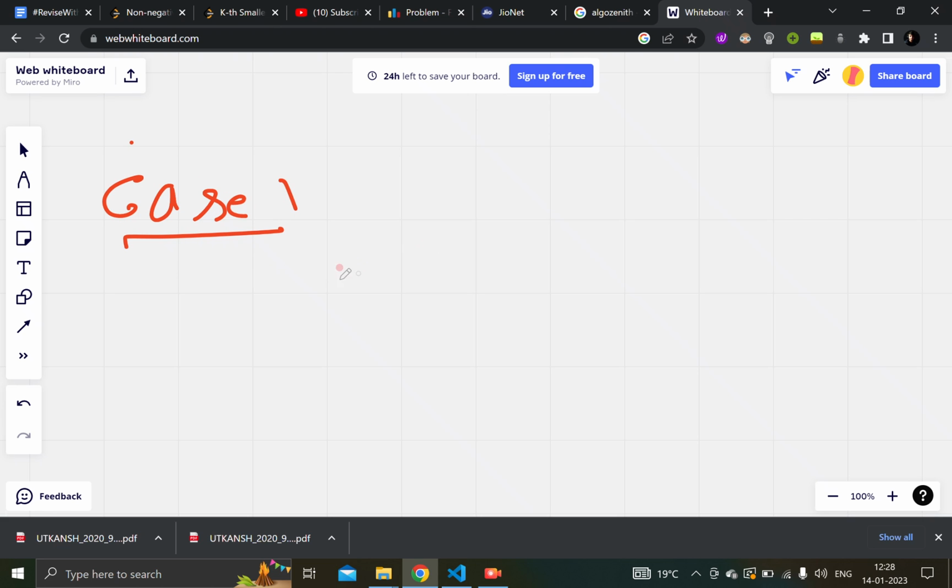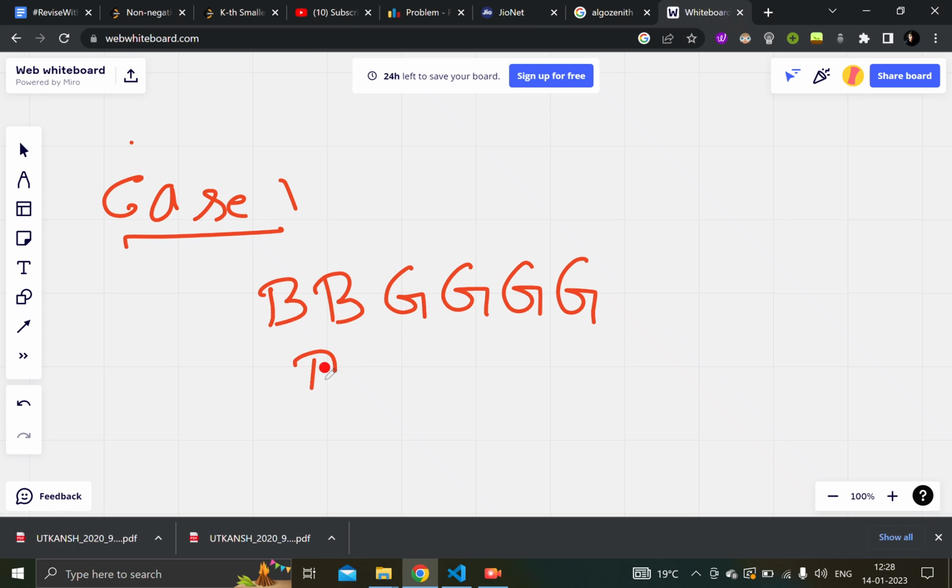What will the possible arrangement be if the number of boys and the number of girls differ by more than one? Suppose the arrangement is boy, boy, and girl, girl, girl, girl. There are four girls and two boys, or else one boy and three girls.